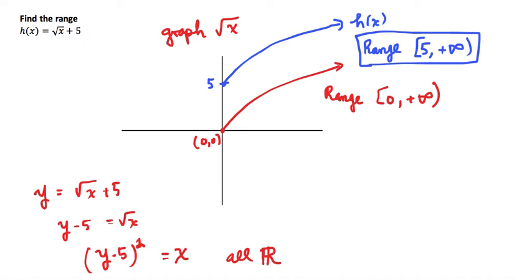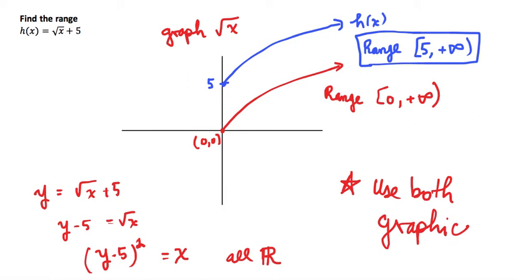So the moral here, the main idea, is to always confirm algebraically and graphically when you're finding the range. Let me emphasize this, because I can't emphasize it enough. When finding range, you need to use both the graphical and algebraic methods.